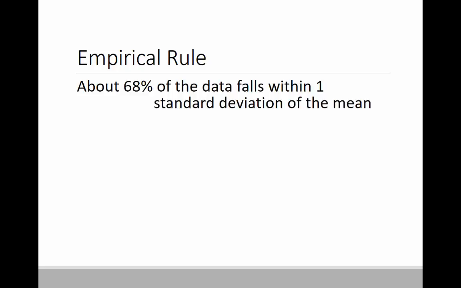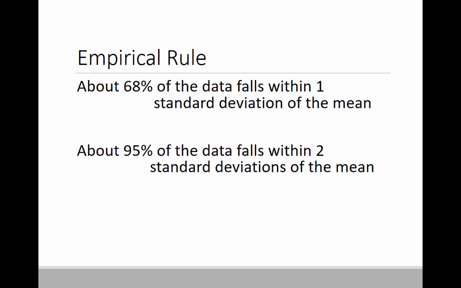Recall that the standard deviation is a measure of the average spread of data values around the mean. A simple rule, called the empirical rule, gives precise guidelines for the percentage of data values that lie within 1, 2, and 3 standard deviations from the mean. By definition, about 68% of the data values fall within 1 standard deviation of the mean.